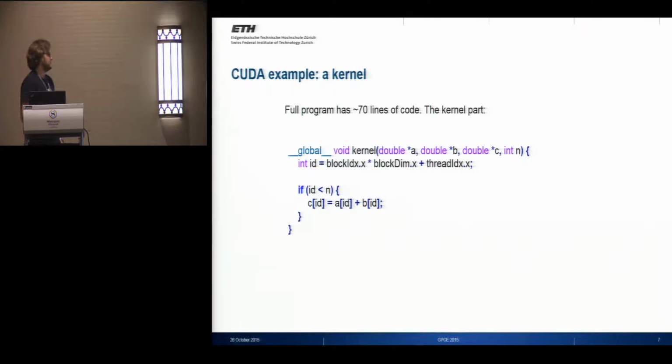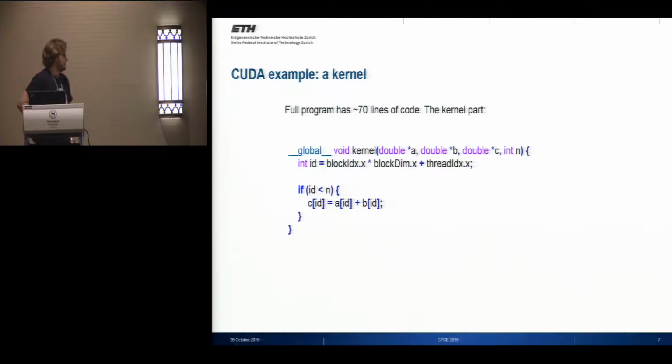This is an example of a simple program that does vector addition. It accepts two vectors A and B and outputs vector C, and that's not very intuitive. What's worse, you don't even have traditional imperative or object-oriented programming constructs like loops. Here you have to reason in terms of blocks and threads on the device, which is pretty low level, and you don't have a loop.